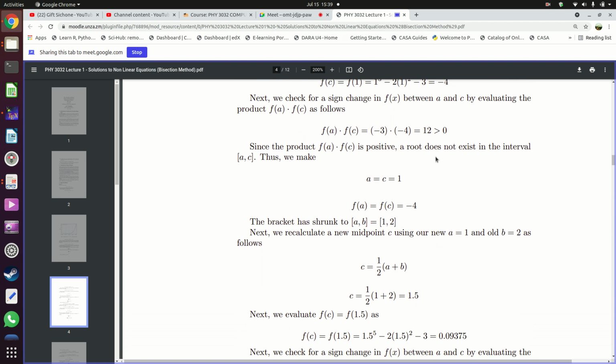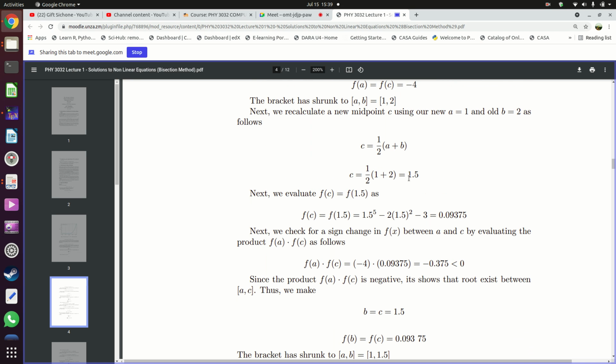After finding our midpoint as 1.5, the next thing you do again is find out the value of the function at this new midpoint. What is f of c? In this case, f of c is equal to f of 1.5. It's going to be 1.5 to the power 5 minus 2 times 1.5 to the power 2 minus 3.